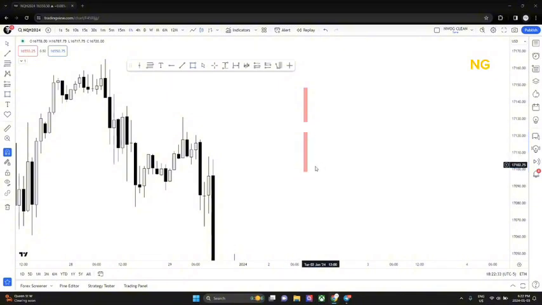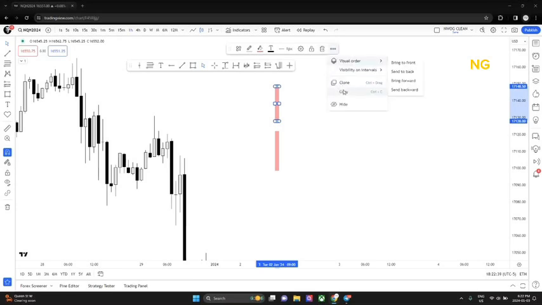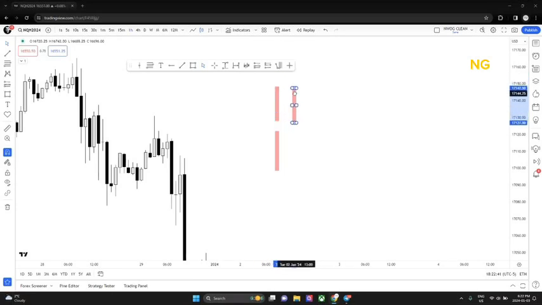This right here is a balanced price range, right? Probably easier to understand right here. You have two imbalances, and they're both fair value gaps.